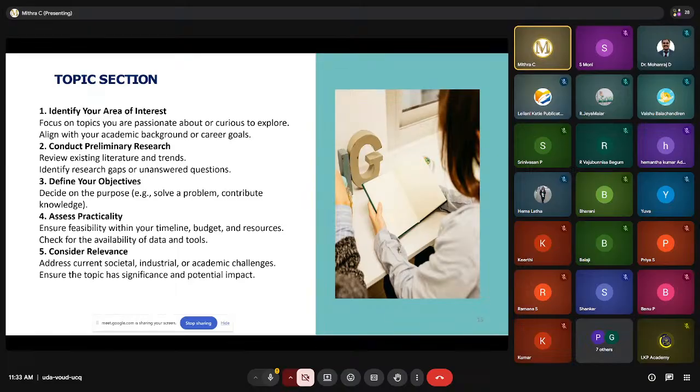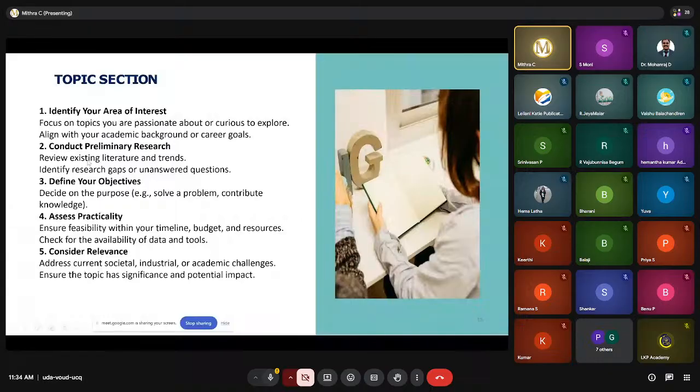You need to read a few articles in all the domains, and then come to a conclusion. You should not go like, my friend is going in this path, she said by doing this domain we can finish the PhD easily. No, that might be helpful for her and not for you. So you need to identify and be very curious to explore. That is based on the area. First of all, you need to choose the area of interest.